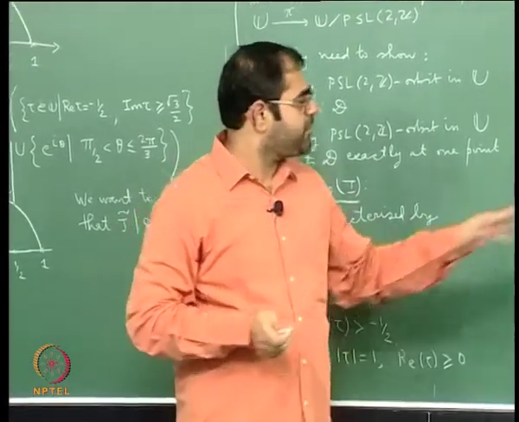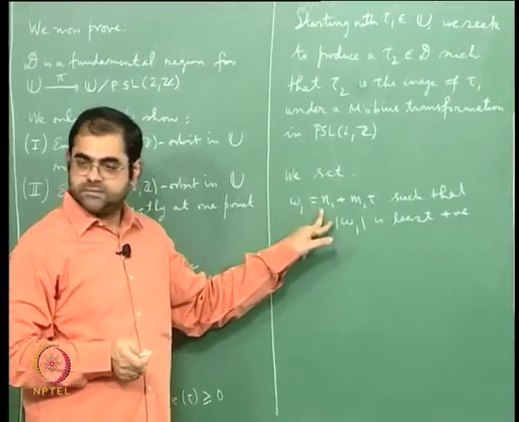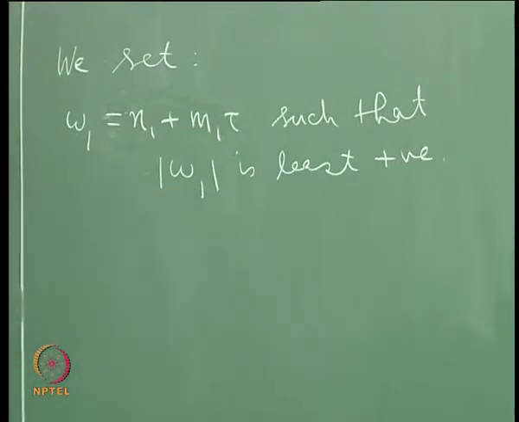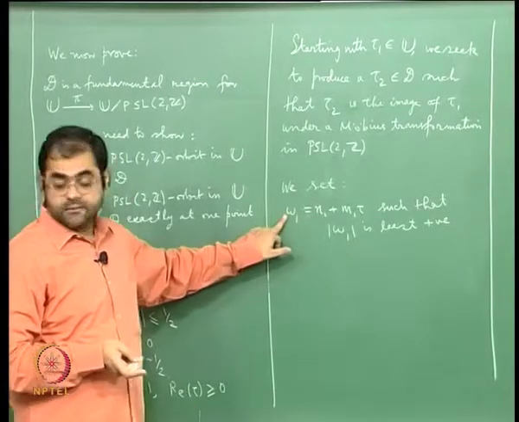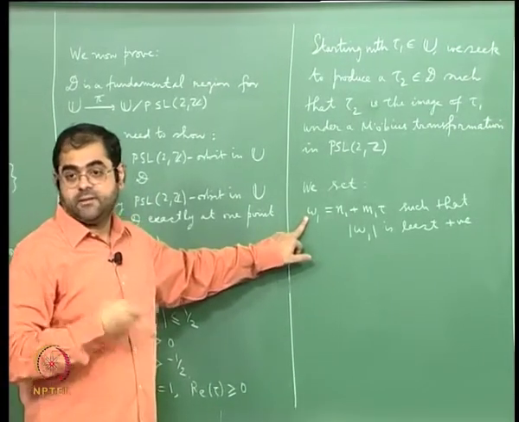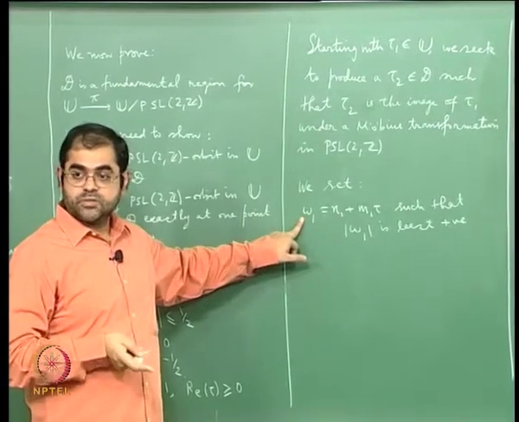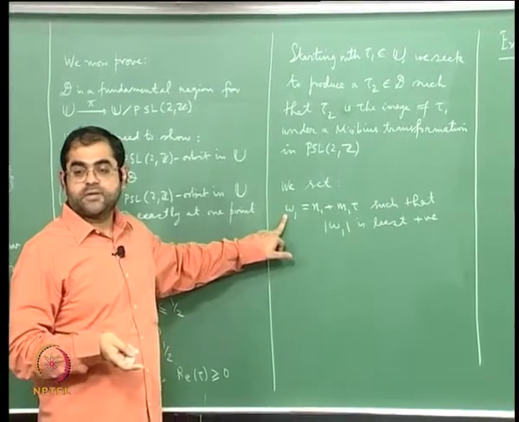There may be more than one, but you take one of them. So call this omega 1. Then you look at all those elements in the lattice which are not an integer multiple of omega 1, and among those choose omega 2 to be the closest one to the origin.